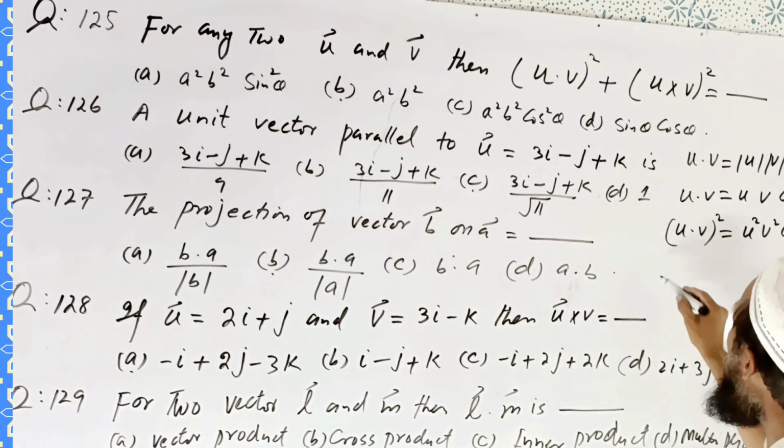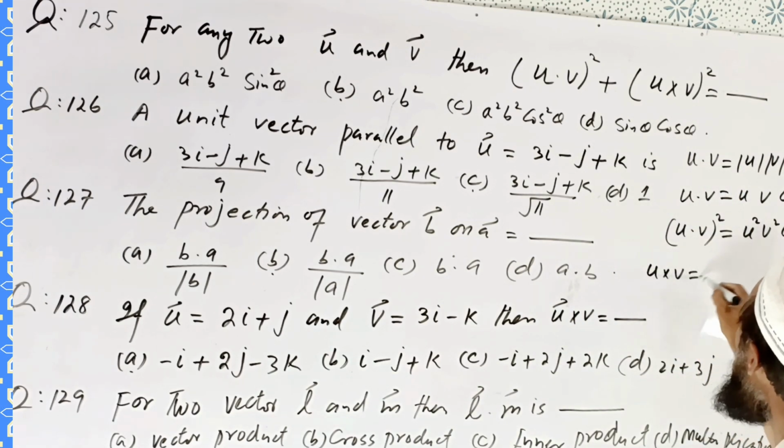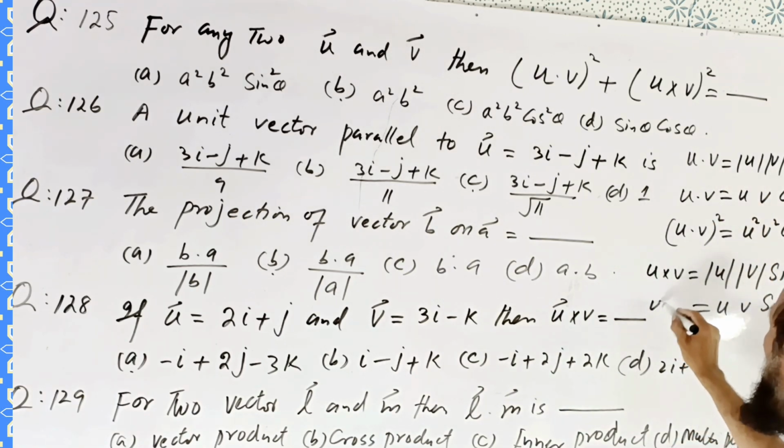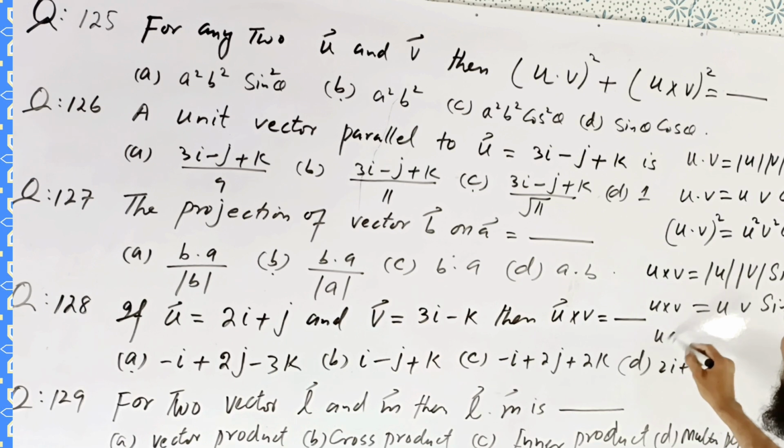Similarly, for the cross product, the magnitude of u cross v is the magnitude of u, the magnitude of v, and sine theta. Taking the square on both sides, we get u squared v squared sine squared theta.